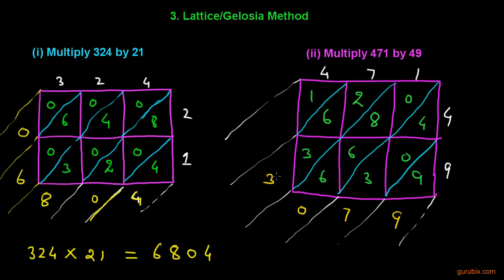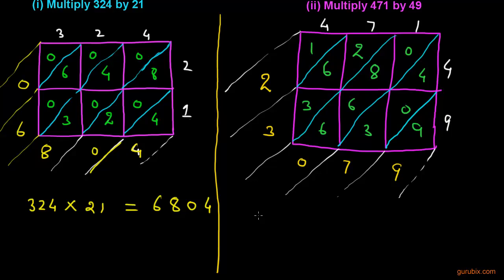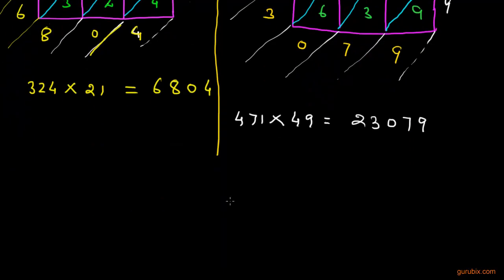We shall write 3 here and carry 1 to the next diagonal. And here is 1. 1 plus 1 is 2. So the solution is 23,079. So the multiplication of 471 by 49 is 23,079. So these are the 3 ways of multiplication.